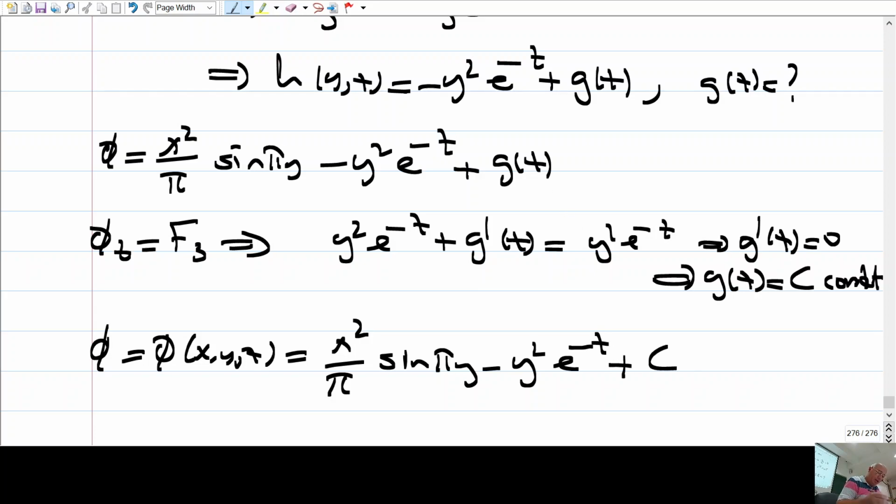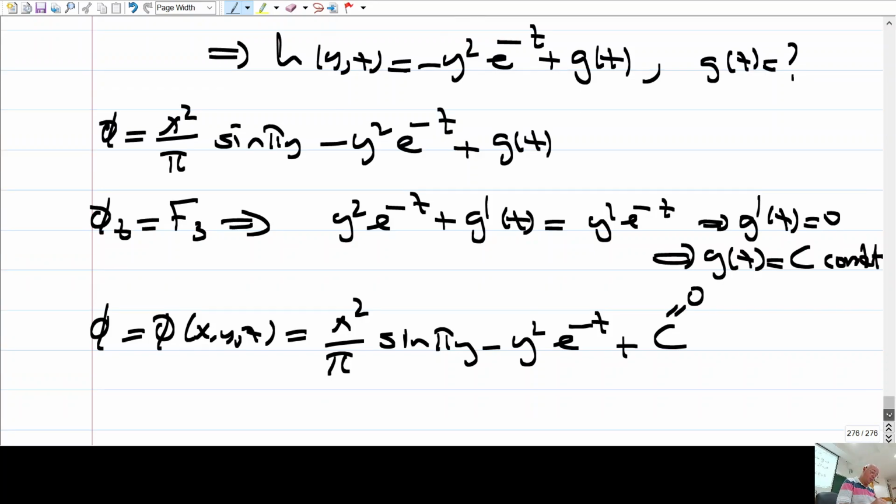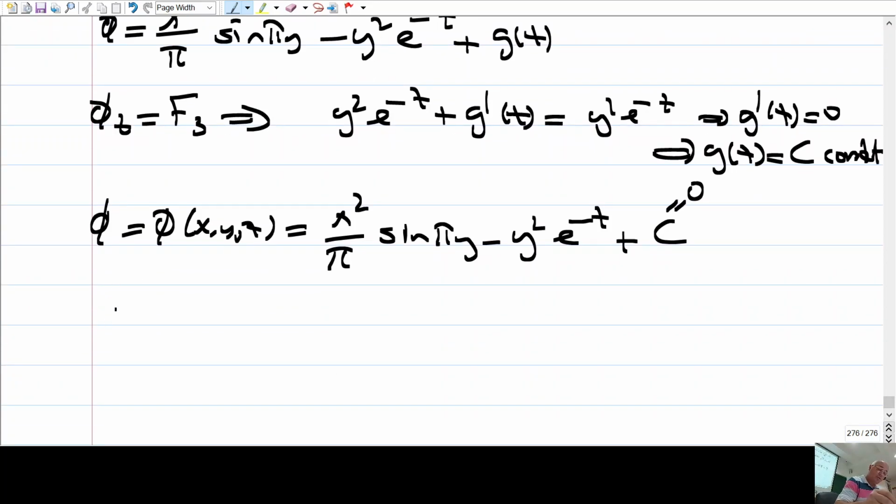I can take any constant, but why not take just 0. What I am looking for is just one antiderivative, so I can choose this constant, anything I want. I can choose c, but then I can just let it be 0. So our f is just gradient of phi, and thus f is conservative.